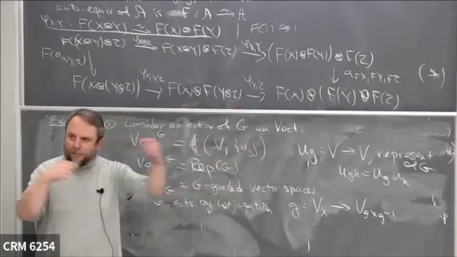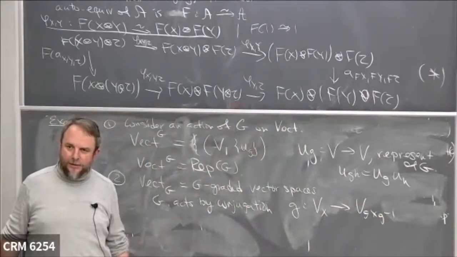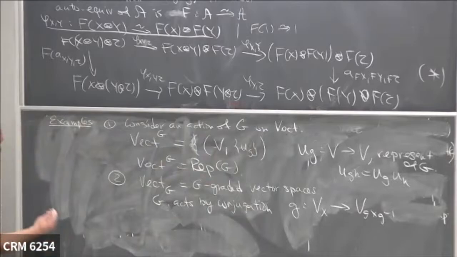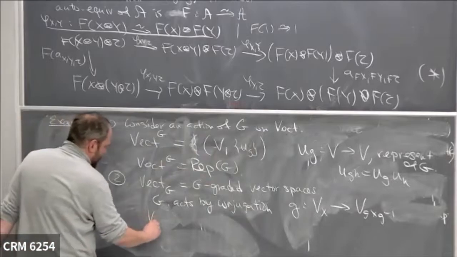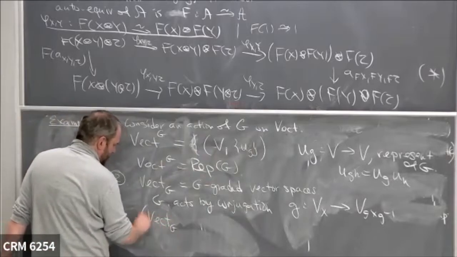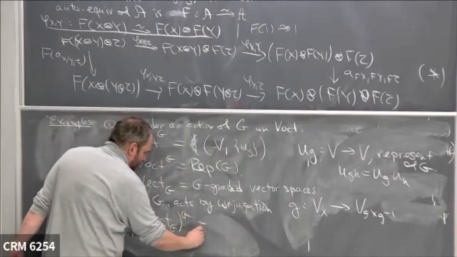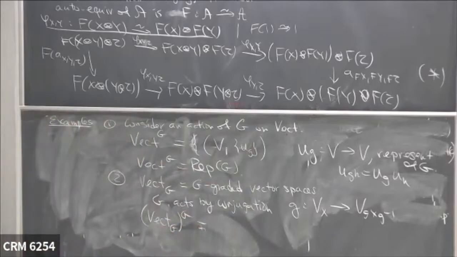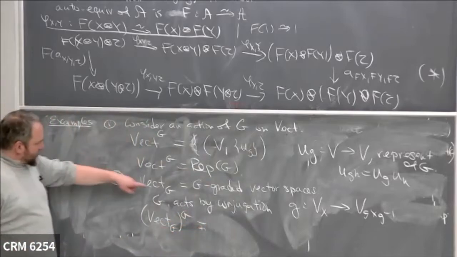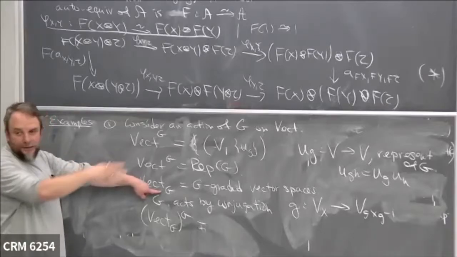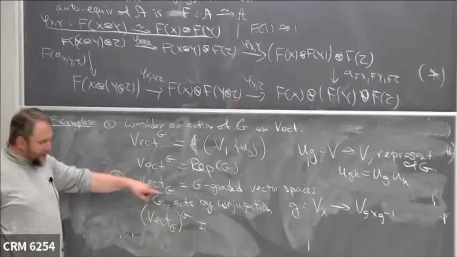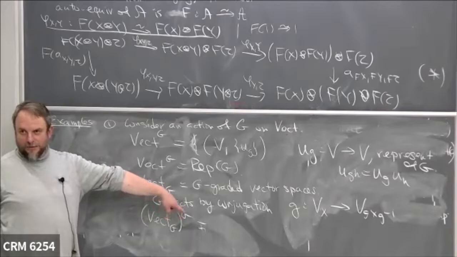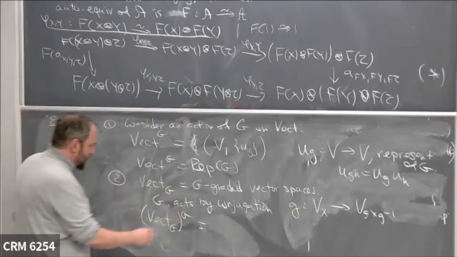So it permutes the components of the grading, right? It's an action, and you can form the equivariantized category. Well, again, you can figure out what it is. So elements of Vec_G are vector bundles on G, right? So these things are equivariant vector bundles. I said these words before, so this is the center of Vec_G.